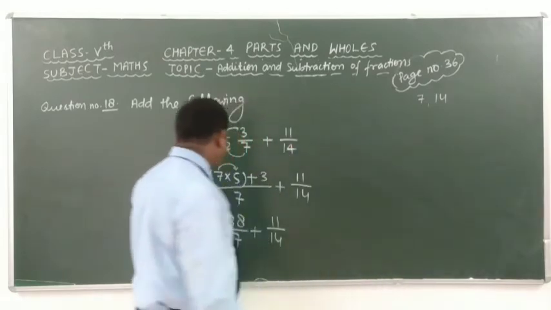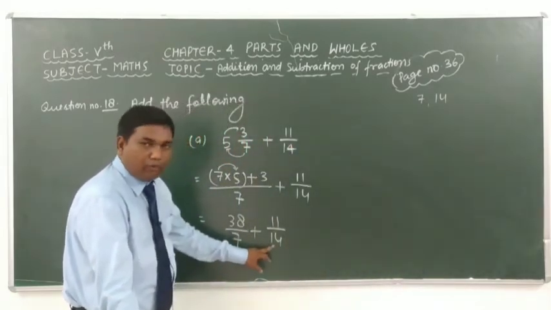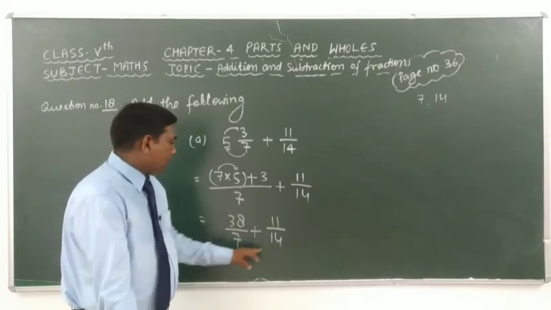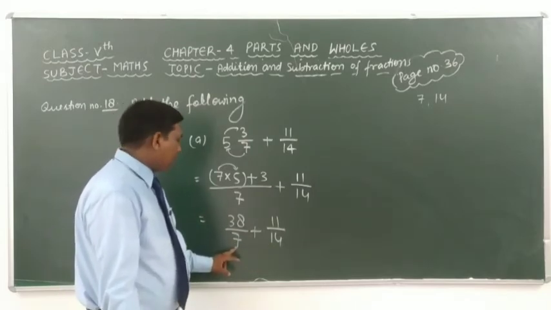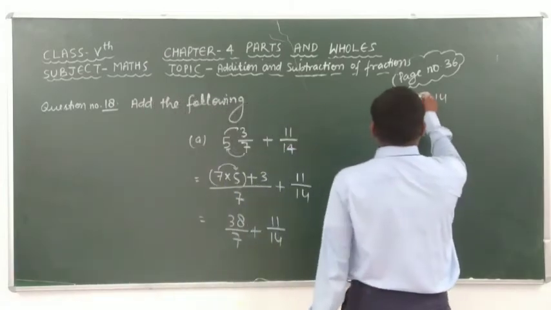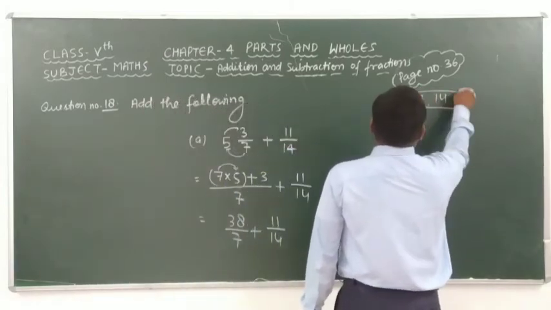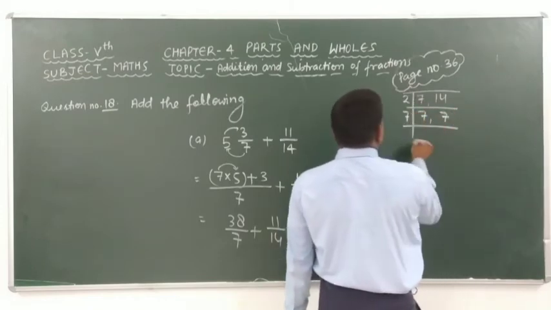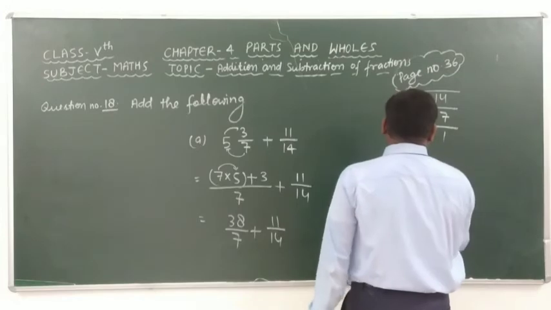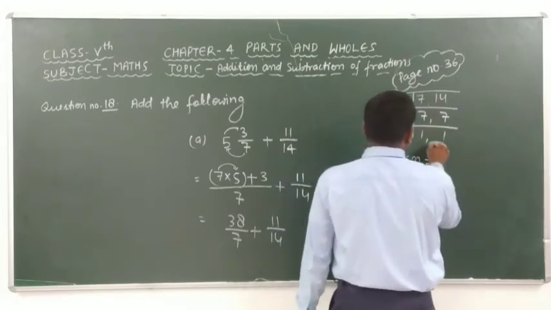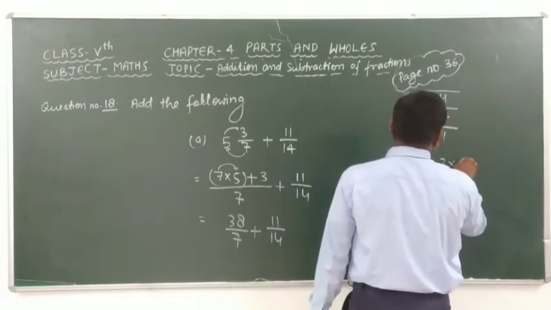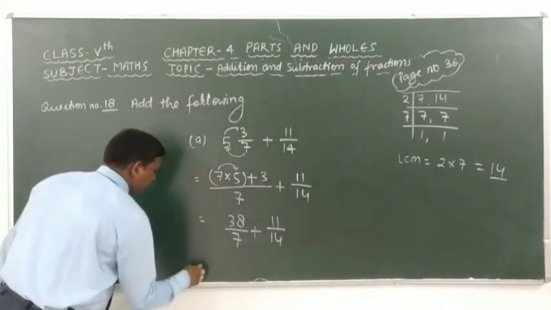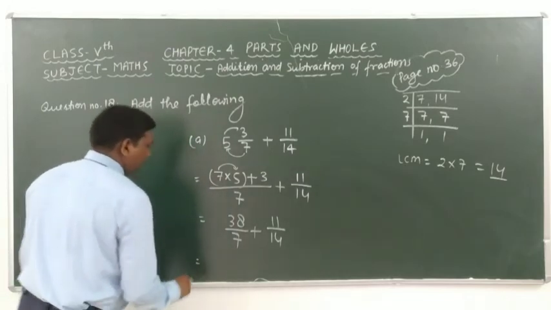Look here carefully. We know that 7 and 14 are not the same. Therefore, we can take the LCM of 7 and 14. 2 times 7 is 14, and 7 times 1 is 7. The LCM of 2 and 7 is 2 into 7, that means 14.